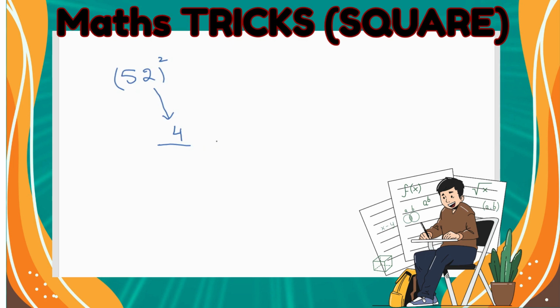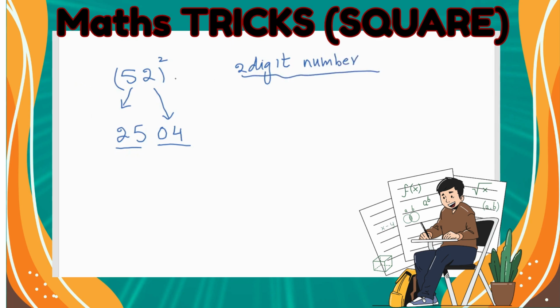So 2-digit number will be 04, correct? And 5 square will be 25. So 5 square is 25 and 2 square is 04. That's the trick. We always write down numbers as a 2-digit number for this trick. Okay, what's the third step?